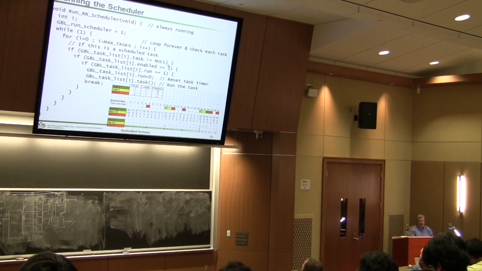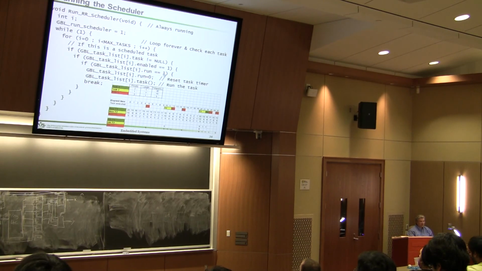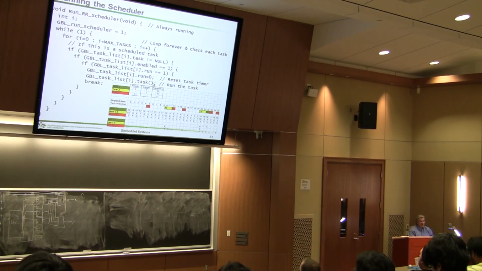If it's not null, that means there's actually something that can run. You have to see if it's enabled. And if it is enabled, then you have to see if it's scheduled to run. So if the run bit is equal to 1, then you change the run bit to 0, and then you actually execute the task.